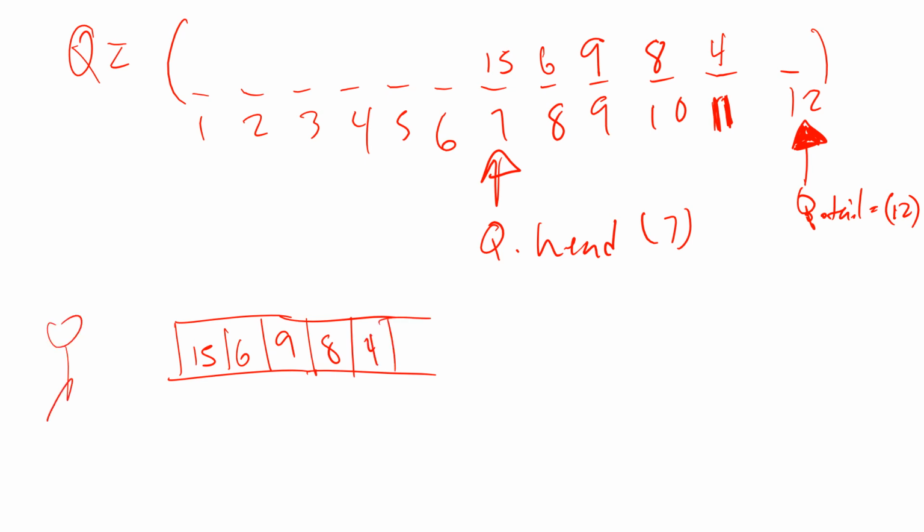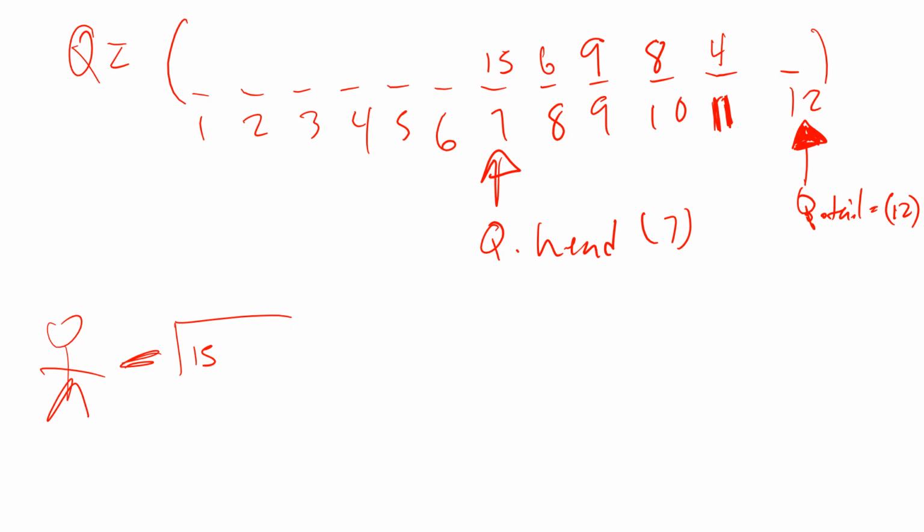This is where the guy's saying next, and then this is where you add stuff in. This is where people come in through the doors and get into line. Okay? And so we take things off here, and we add things on this side. So that's why you have to have a head and a tail to keep track of everything. You can kind of change in both directions, at both ends, the head and the tail.